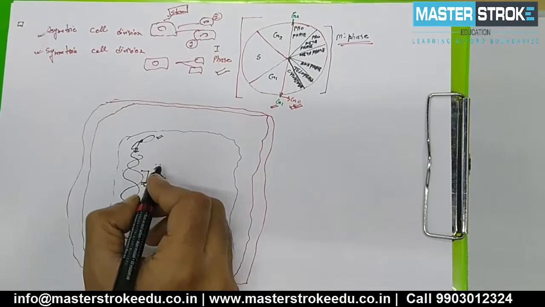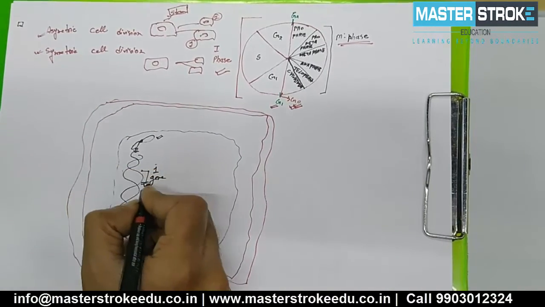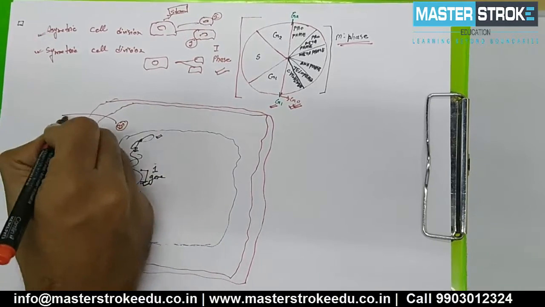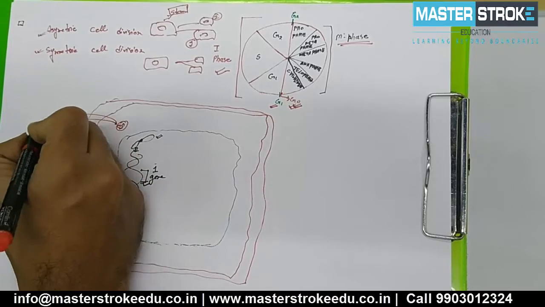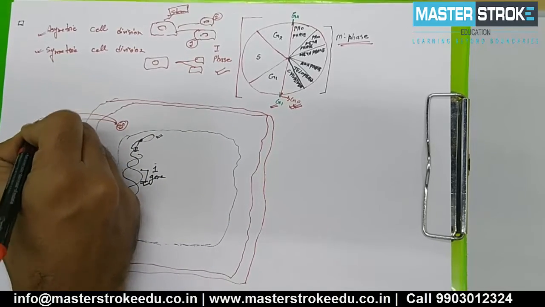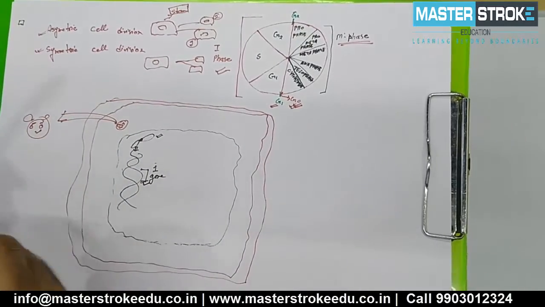So think about it. The first gene is responsible for producing a protein, and that protein is thrown out of the cell.